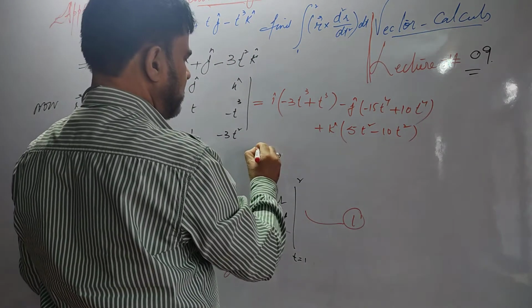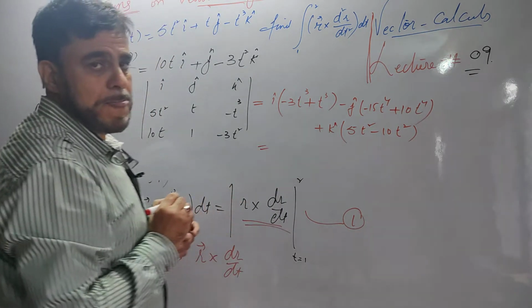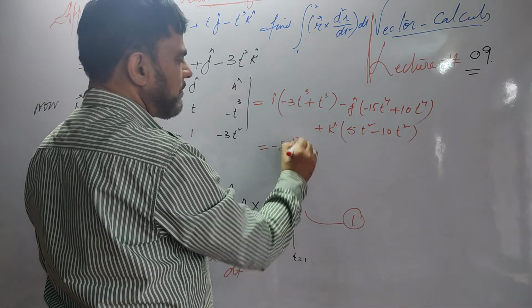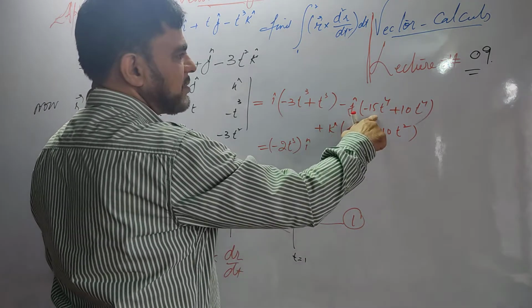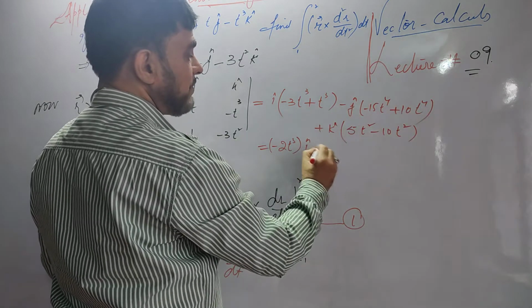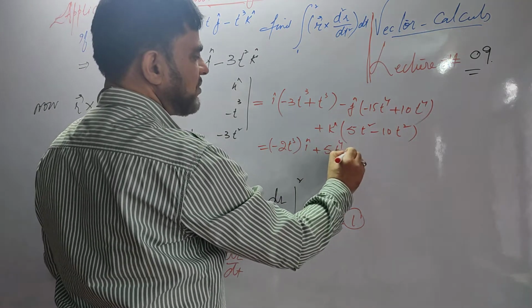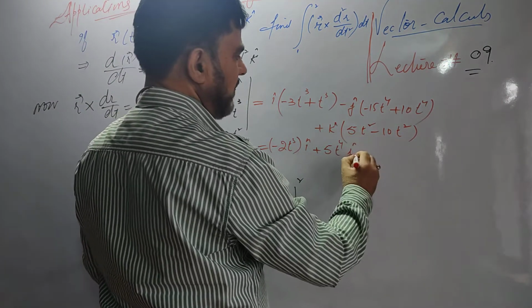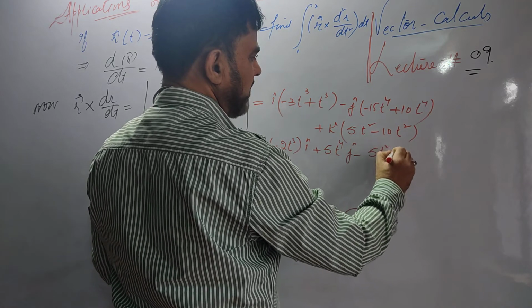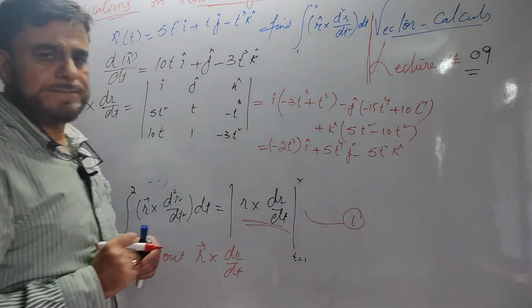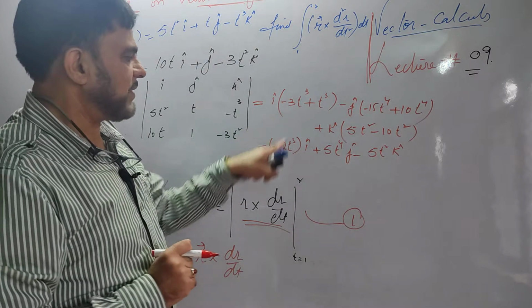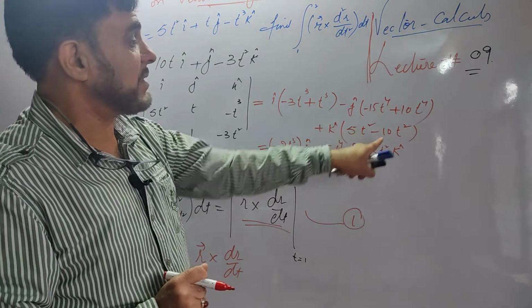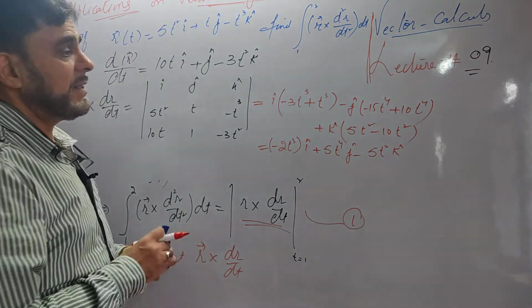Let us simplify this. It is minus 2t cube i, and then minus minus 5t4, which becomes plus 5t4 j, and minus 5t square k.